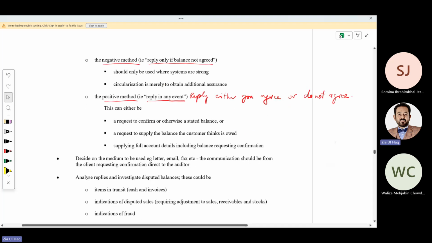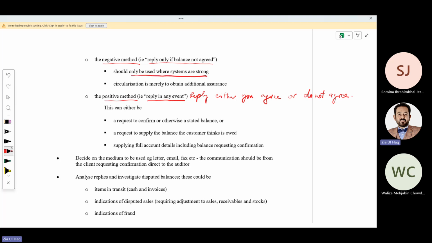But in some situations, we can adopt the negative method: where the client control system is strong, we can move for negative confirmation. And where the receivable balance is immaterial, we have verified receivables through alternative procedures, and we are just performing this procedure for extra evidence, in that case we can perform negative confirmation.